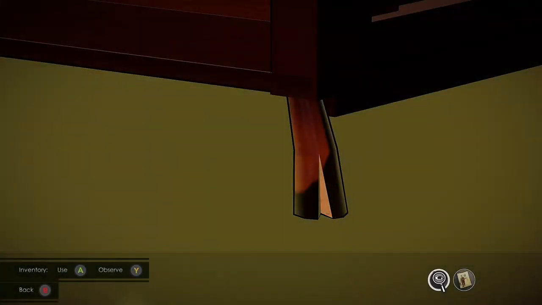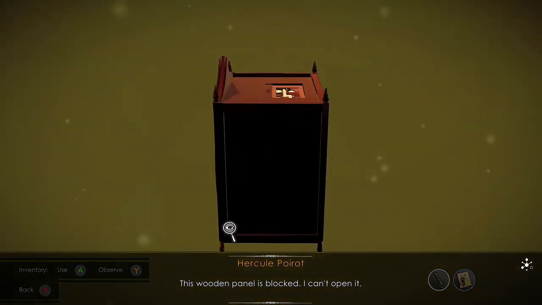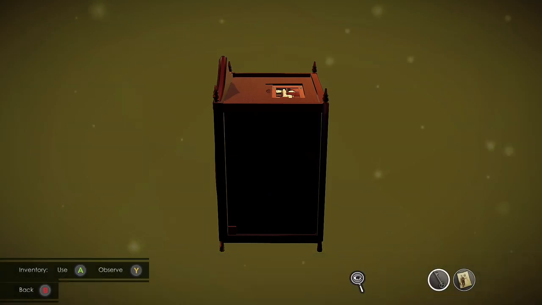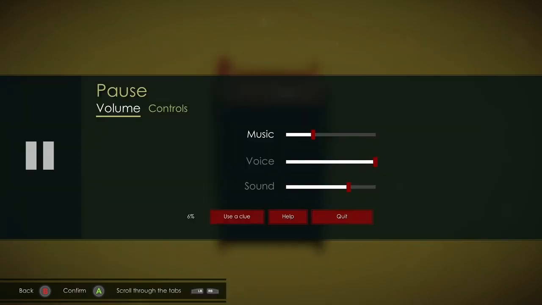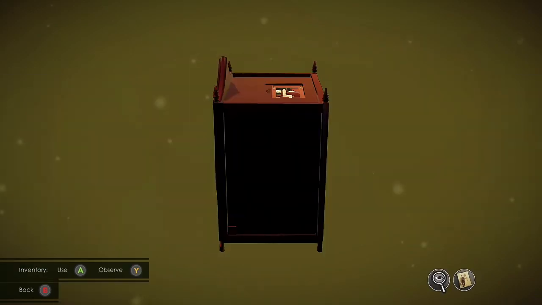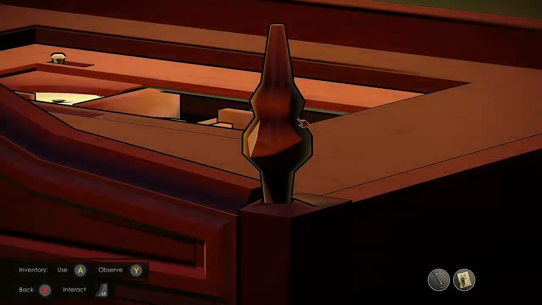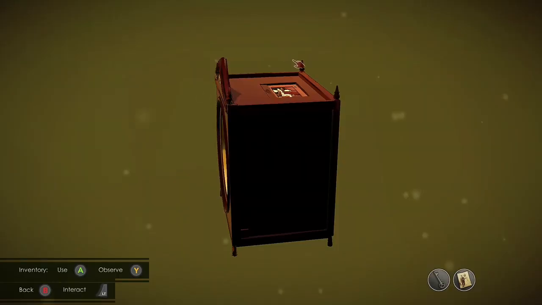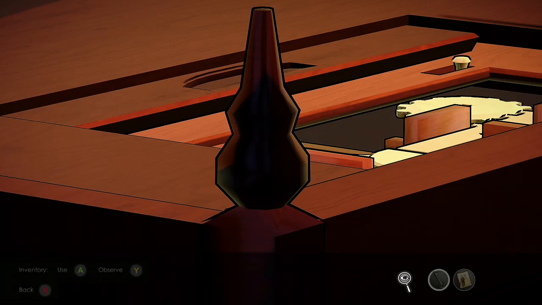This wooden panel is... Okay. This decoration appears to be firmly fastened.